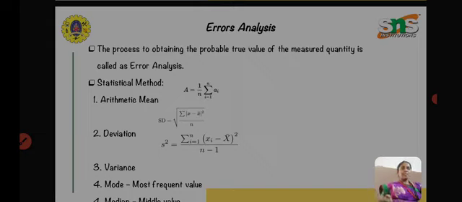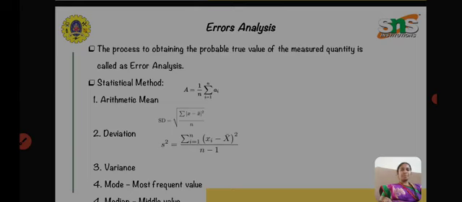The following statistical methods are followed, that is arithmetic mean, deviation, mode, median and variance. The arithmetic mean gives the average value of the readings, and deviation is the departure of the given reading from the arithmetic mean of a group of readings. From it we can calculate the standard deviation and also the average deviation. And variance is the square of the standard deviation.